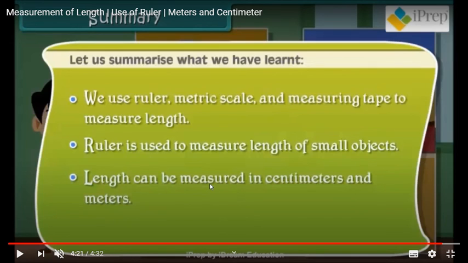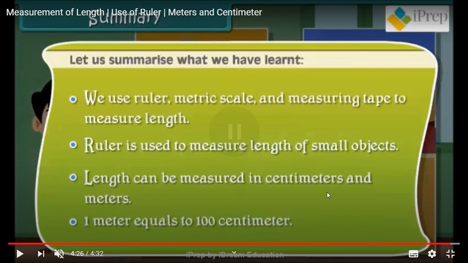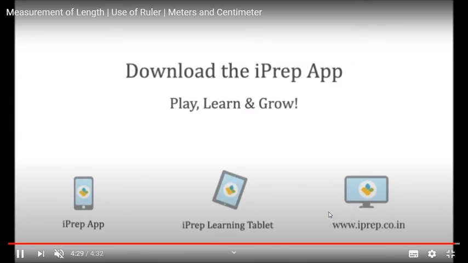Length can be measured in centimeter and meter. 1 meter equals 100 centimeter, or 100 centimeter equals 1 meter. Hope you understand this. Thank you so much.